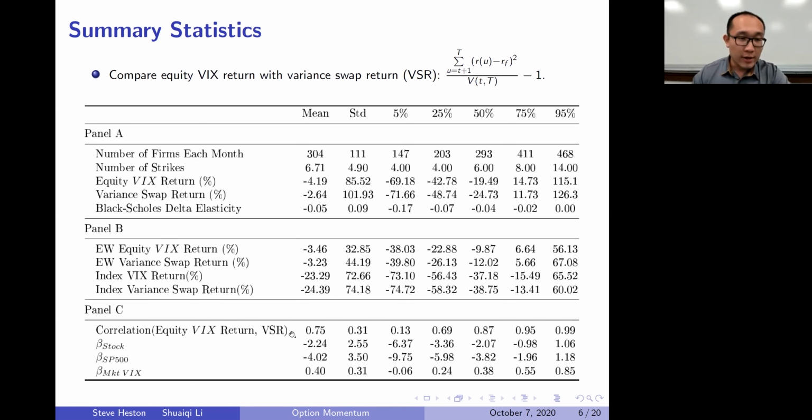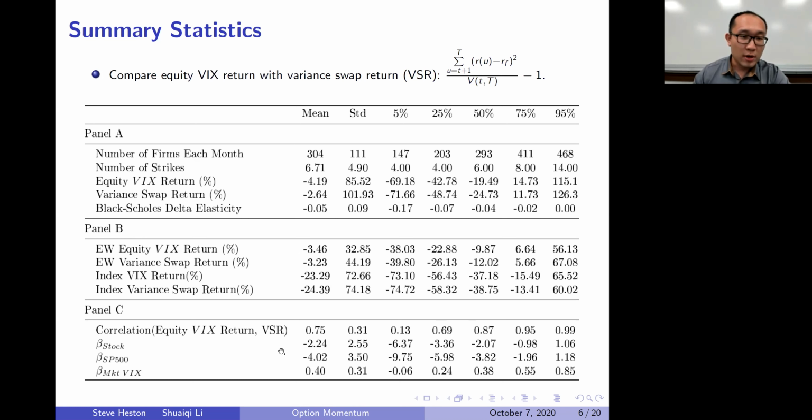All right, and if we look at the firm-level VIX return exposure to the individual stock, on average, they have a negative exposure to the individual stock. This resembles the negative correlation between aggregate stock market return and the variance swap return for the index.